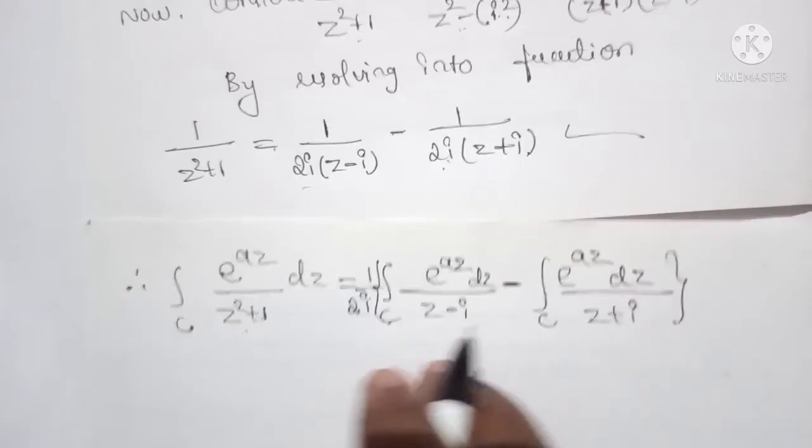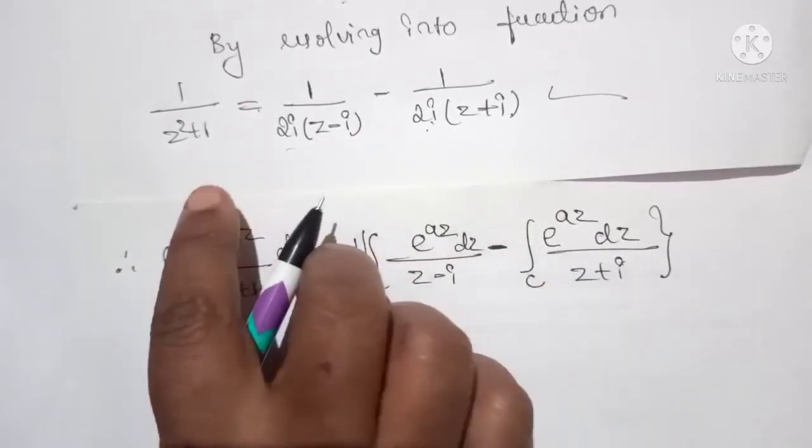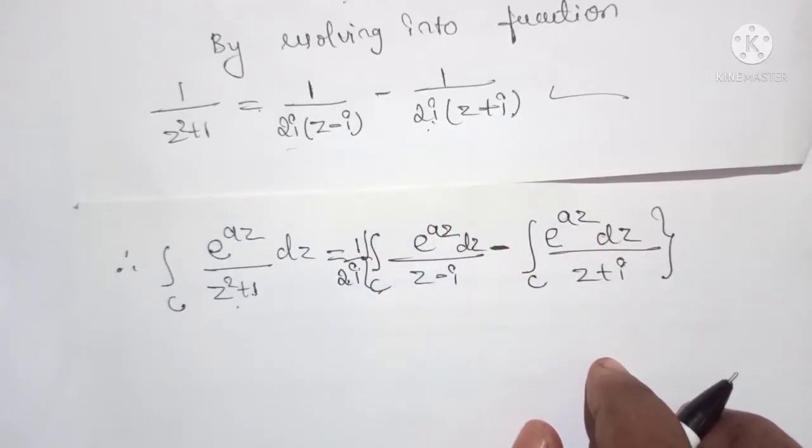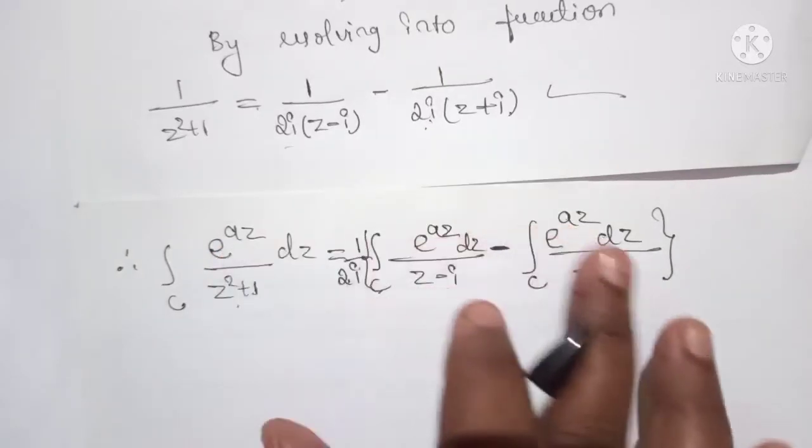Because we have only these two factors and both lie inside the circle, no need to take any one of the terms to the numerator. Simply we write the numerator as it is.